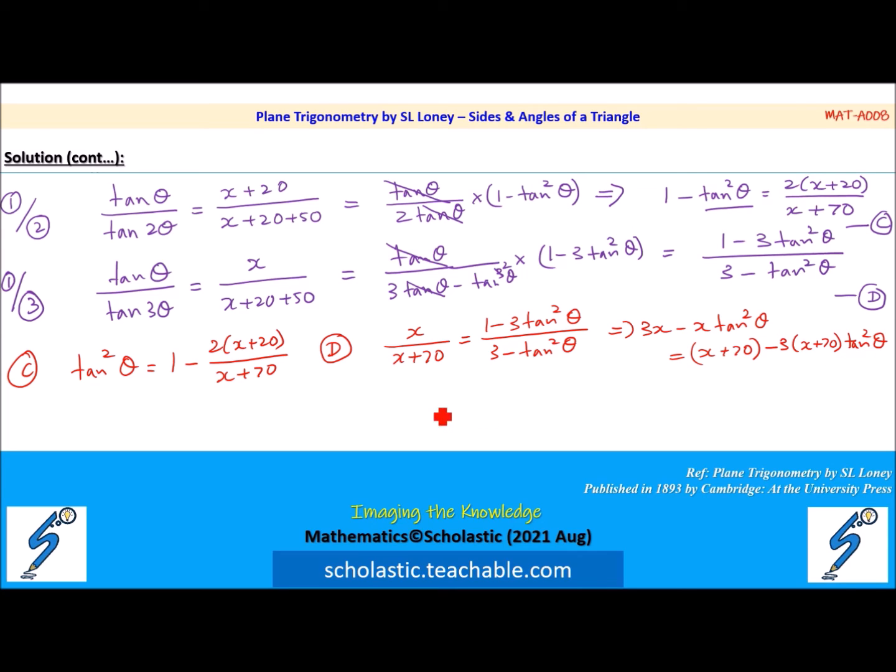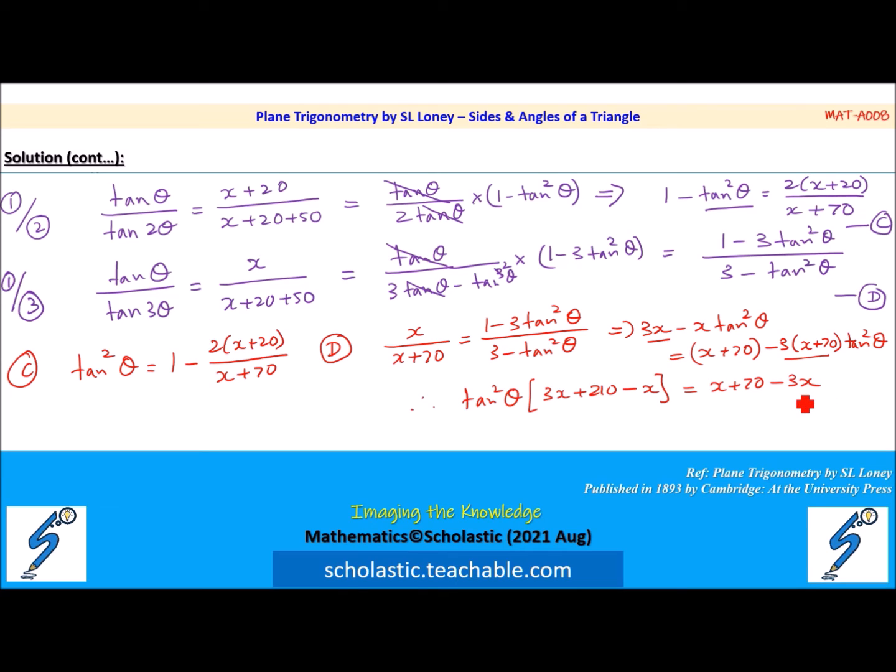So from this, we take the tan square theta terms to one side: 3x plus 210 tan square theta, and minus x tan square theta, is equal to x plus 70, and we take this to the other side, minus 3x.